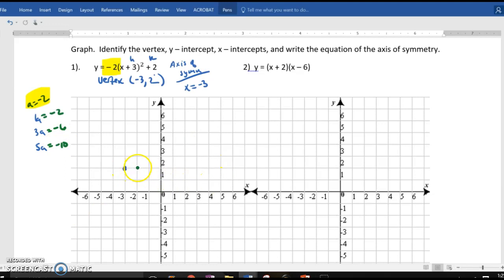So right away I'll go over 1, down 2. Over 1, down 1, 2, 3, 4, 5, 6. So then I can duplicate it on the other side. Boom and boom. Now, this would be my graph.